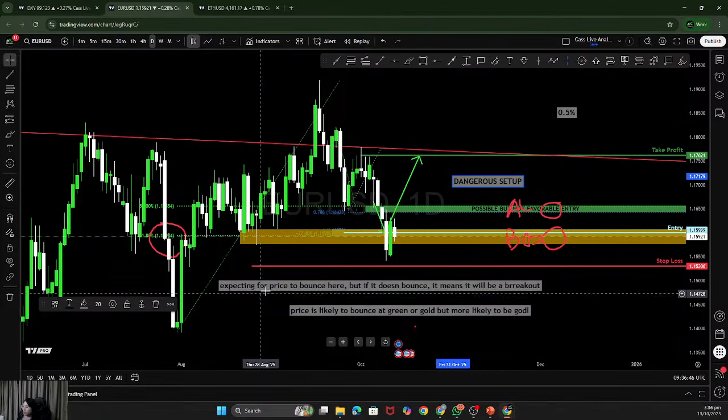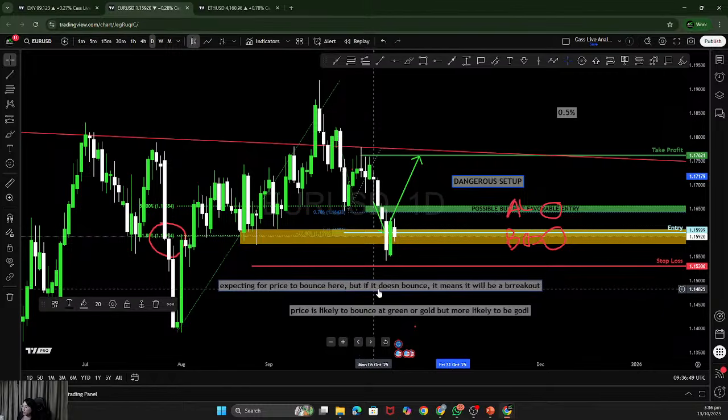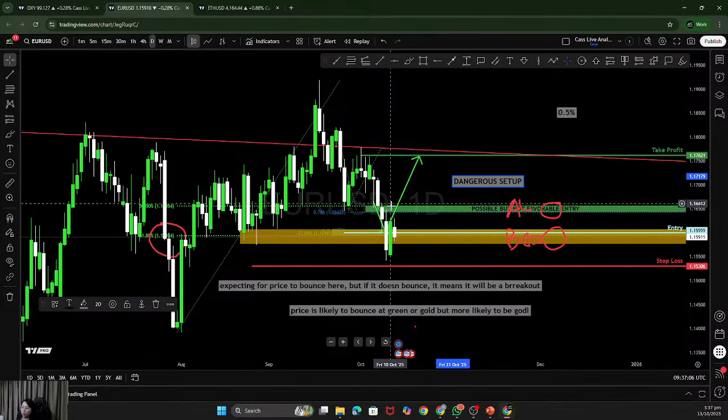Expecting price to bounce here. If it doesn't bounce, it means that it will be a breakout. As you can see, it's kind of bouncing at the entry right now, but obviously we need to wait for this candle to close, because if it doesn't close, we don't know the characteristics of that candle, whether it's a continuation candle or a reversal candle.